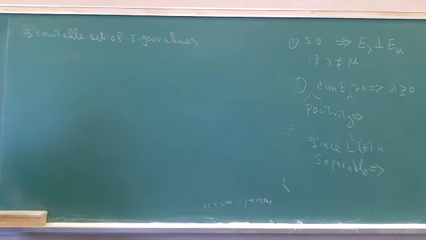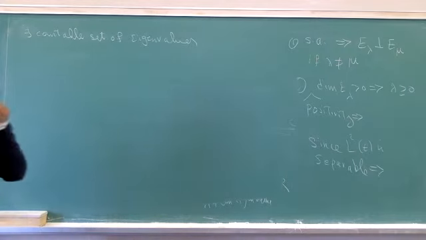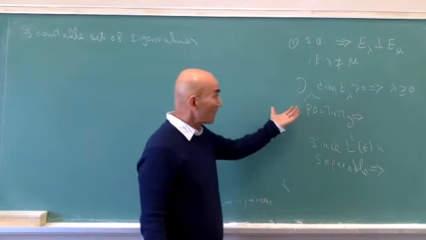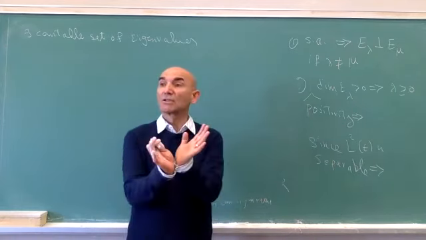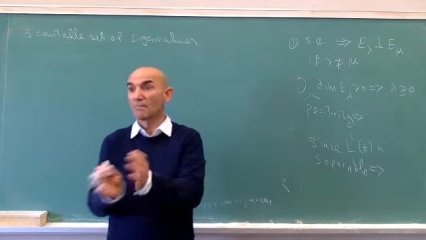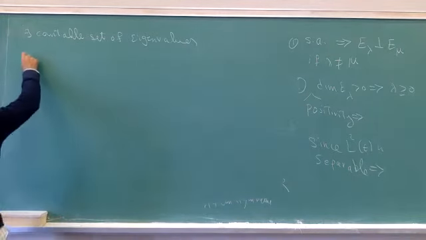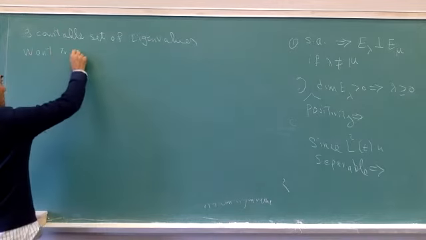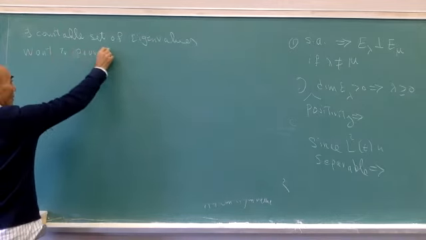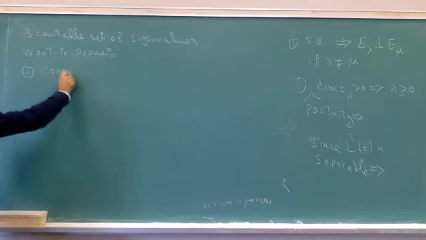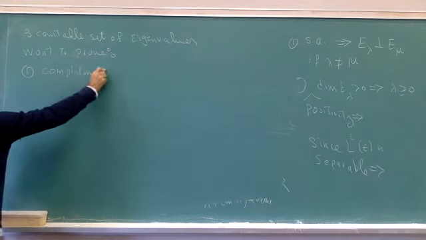But now what we want to prove is two things. The first one is that these E lambdas actually give us a complete orthogonal decomposition of L2 of E. The first one is a completeness statement.